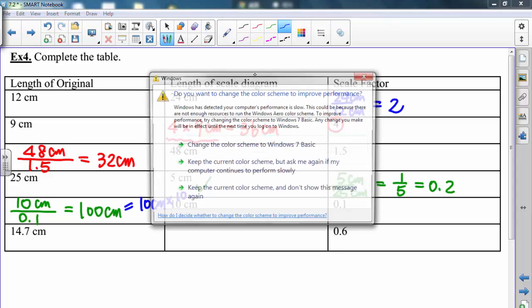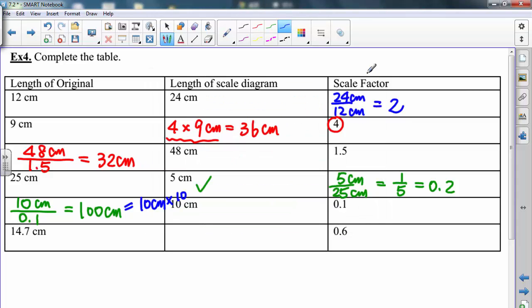So if I want to find the length of scale diagram, I will use the scale factor times the length of original diagram. 0.6 times 14.7 centimeters equals 8.82 centimeters. Since the scale factor is less than 1, I know the scale diagram is a reduction of the original diagram. And right now, the length I found in the scale diagram is really shorter than the length of original one.